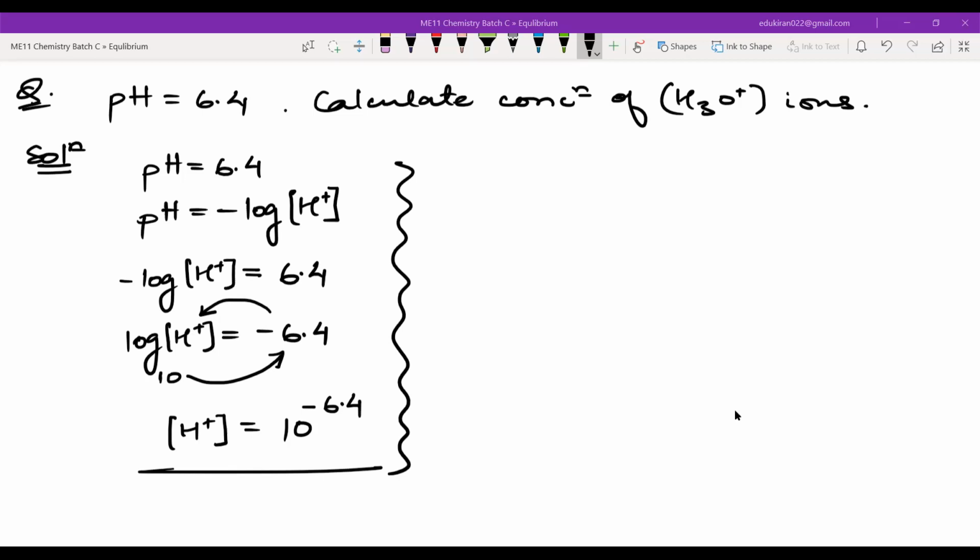So see, first of all, what you are going to do is rewrite minus 6.4 as a difference using the next whole number.